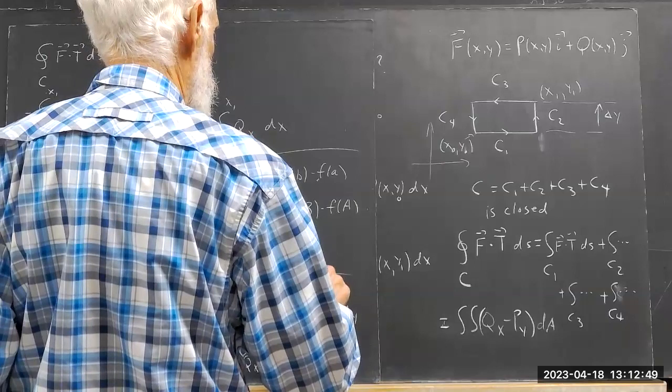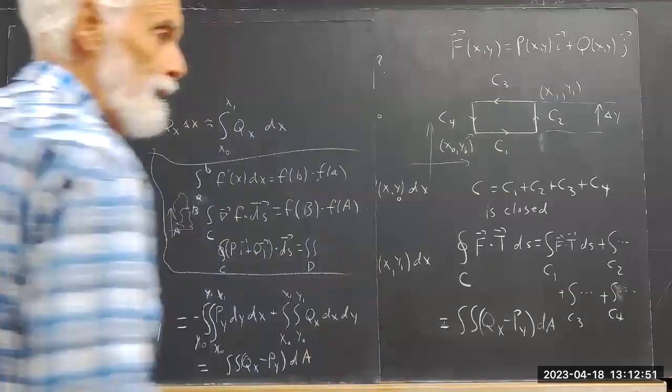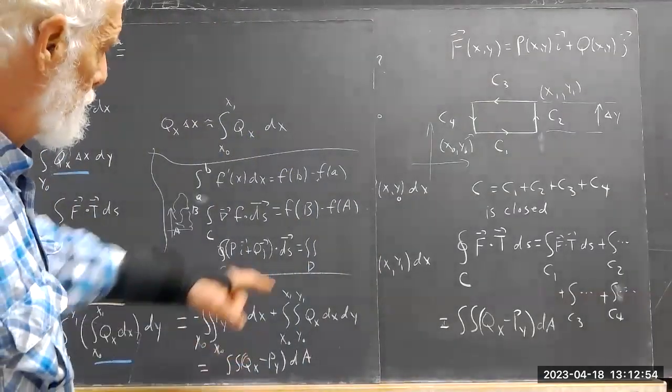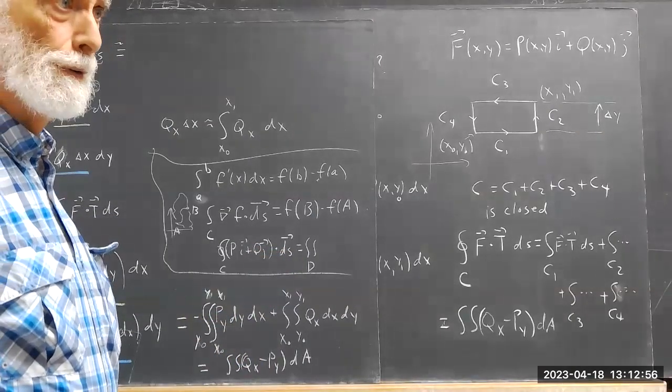I think we're both using D for a domain. Might be R for region, but I think D might be close to what it tends to be.